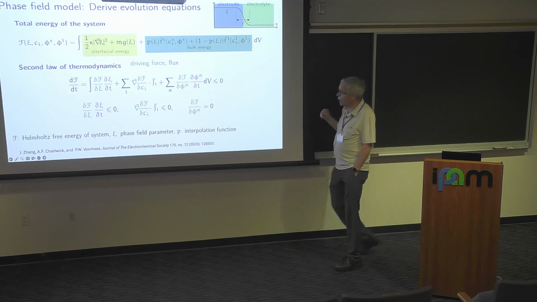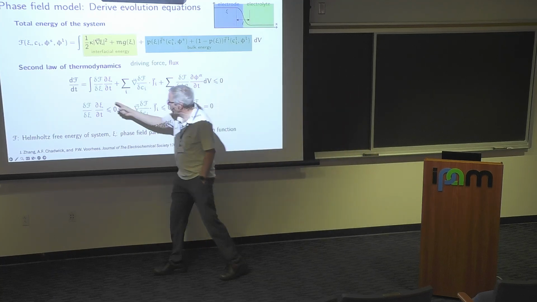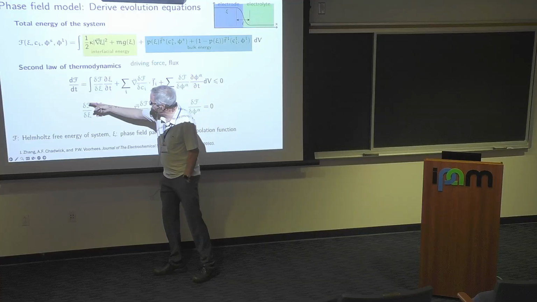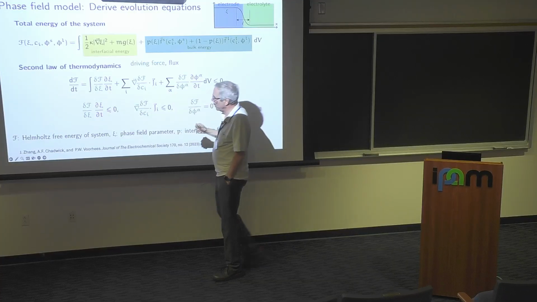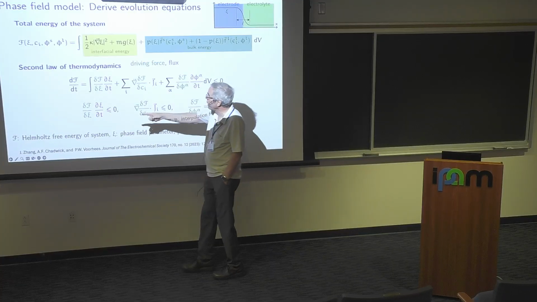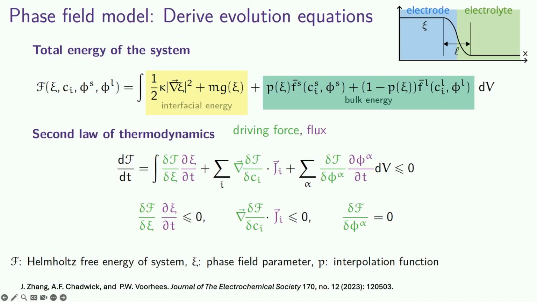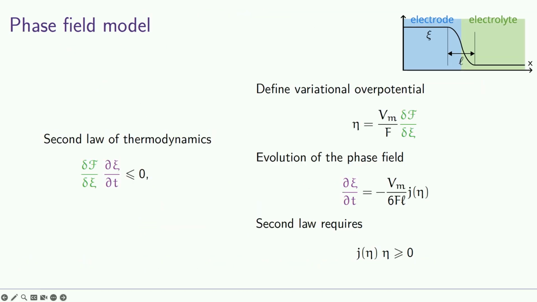non-positive. And in particular, if we focus on this one, this is the variational derivative of the Helmholtz energy with respect to the order parameter, in other words, the location of the interface, times the time rate of change of the location of the interface. And the reason why this term is important is it allows you to define the overpotential in a thermodynamically consistent way.